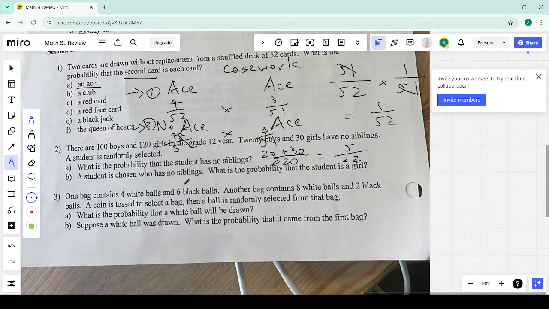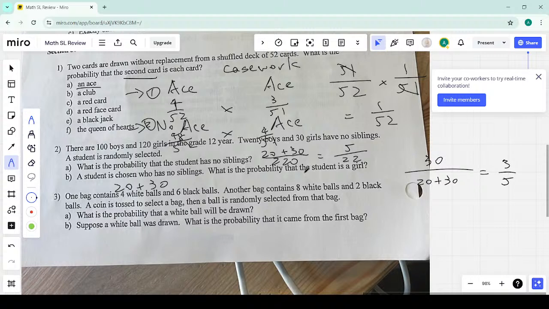Because now our total population is limited to the 20 boys plus 30 girls that have no siblings. Then the denominator in this case would be 20 plus 30. Then the probability that the student is a girl would be 30 out of that. And in that case, that would be 3 out of 5.